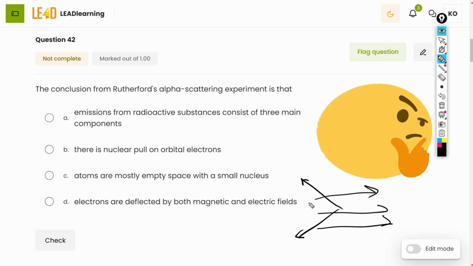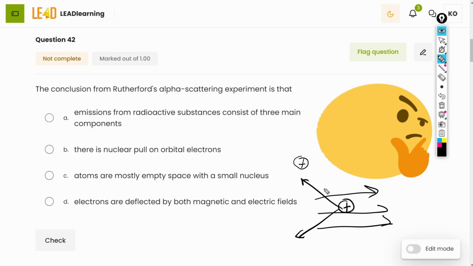Alpha particles are positive in nature, and for anything to repel them, that species must also be positive, because like charges repel, unlike charges attract. So we now know that the center of the atom has a positive charge. That's the only reason why some of our alpha particles got repelled, because they encountered a like charge.